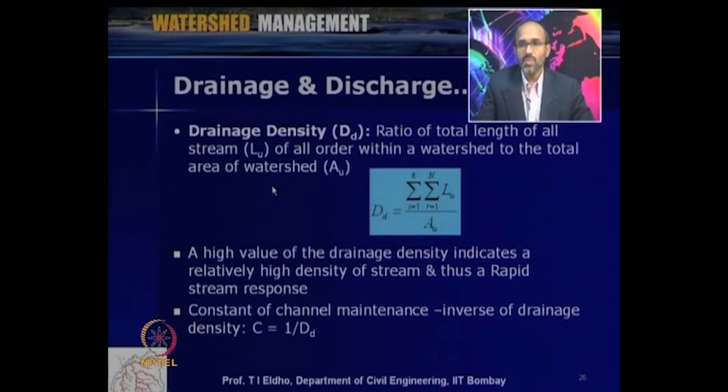Now, another important aspect as far as the watershed is concerned is the so-called drainage density. This indicates the ratio of the total length of all streams of all orders within a watershed to the total area of the watershed.